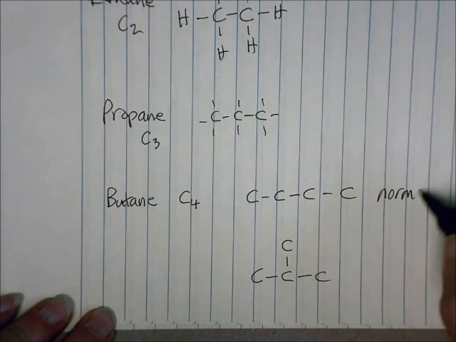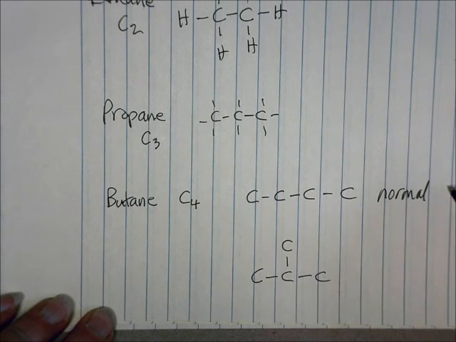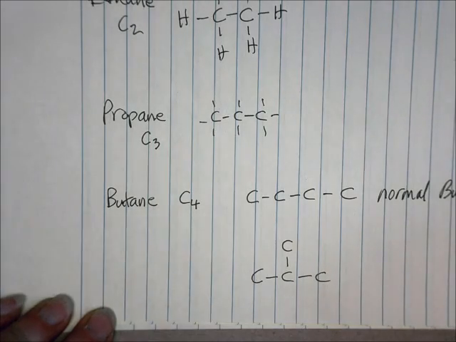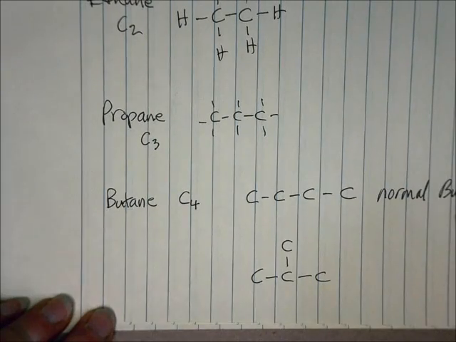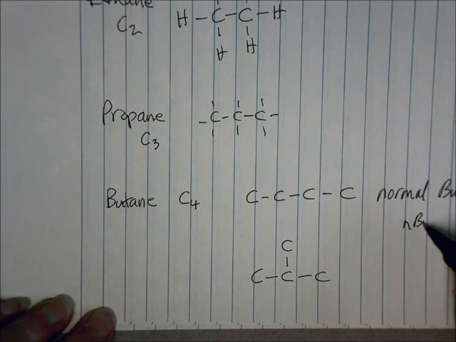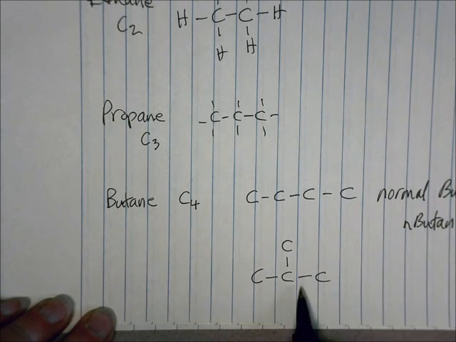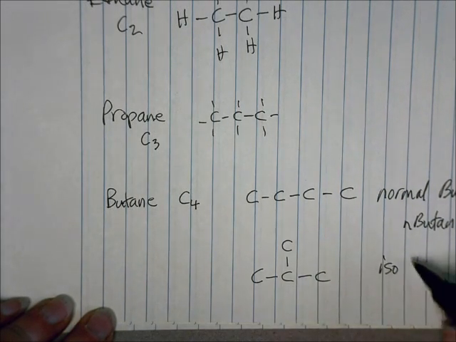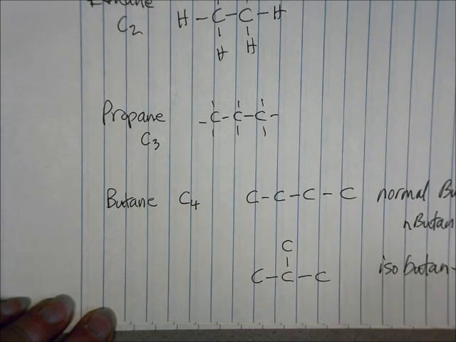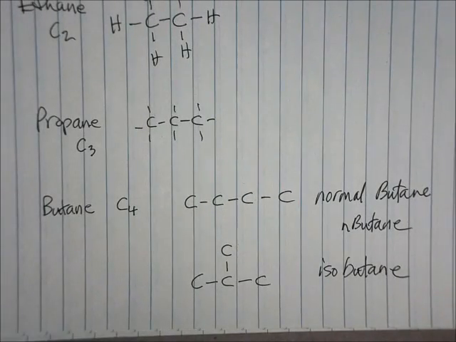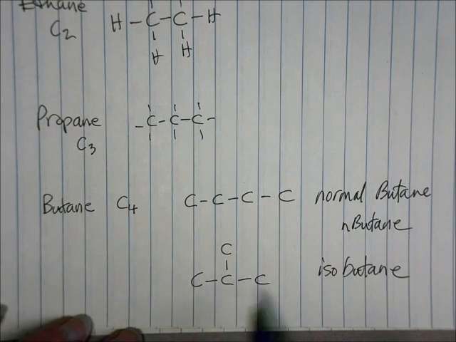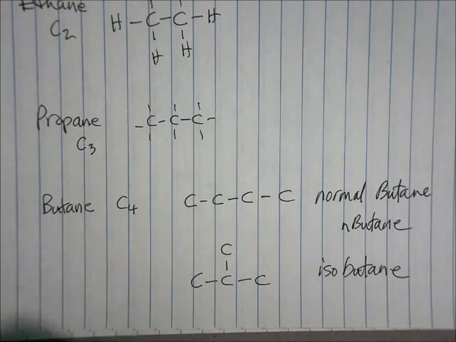That's considered normal, just in a straight line. Normal butane, and then also can be abbreviated N butane. The one that has the arm or the branch going off of it is isobutane. So the straight line is normal. The one that branches is iso.